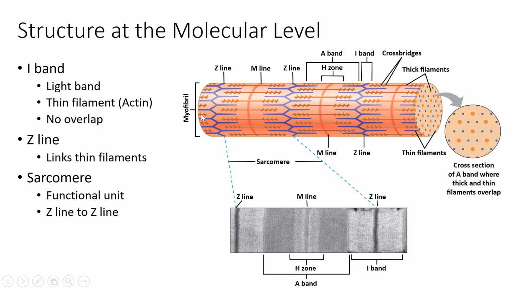And as we can see, there are many repeating sarcomeres along this myofibril. And if we looked at a cross section of this myofibril, we would see two different protein filaments here. In blue, the thinner filaments are going to be actin, and then the thicker filaments are going to be our myosin filaments.